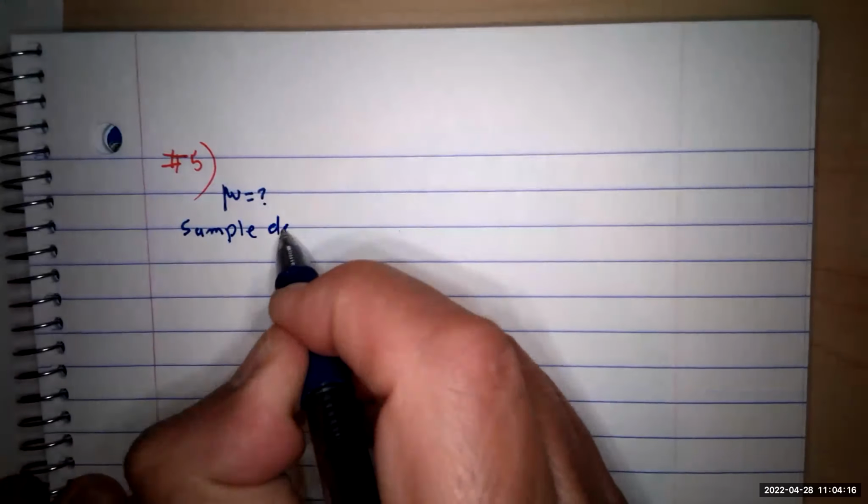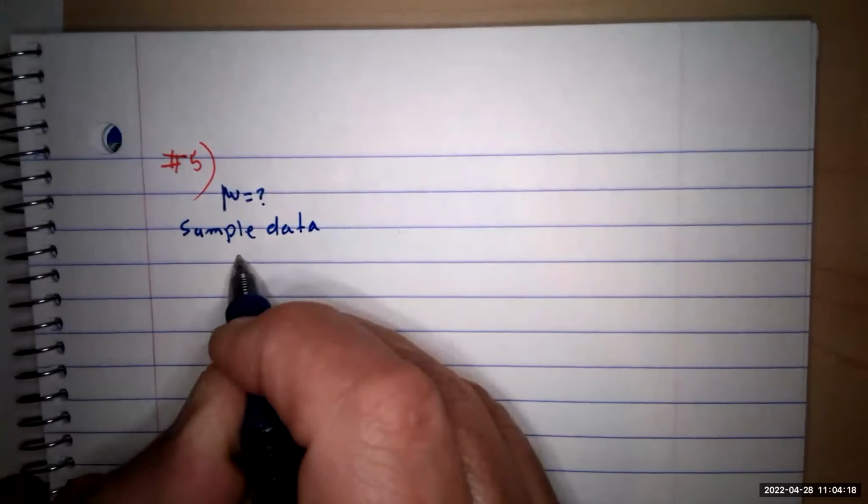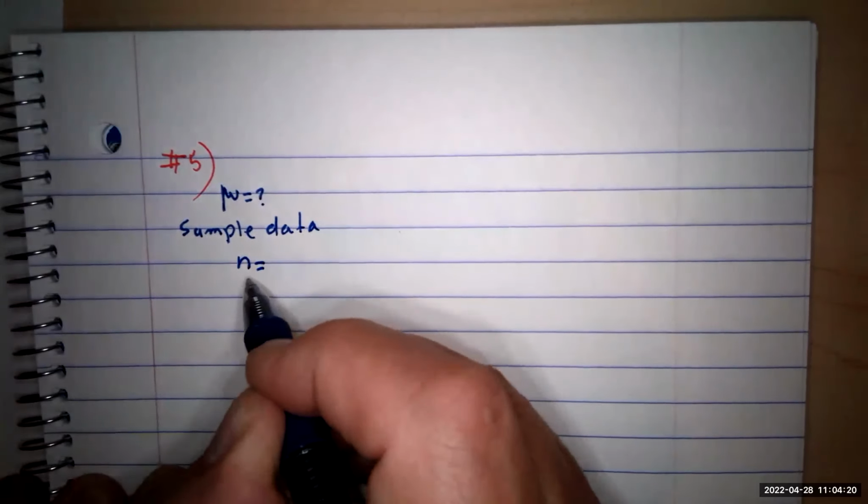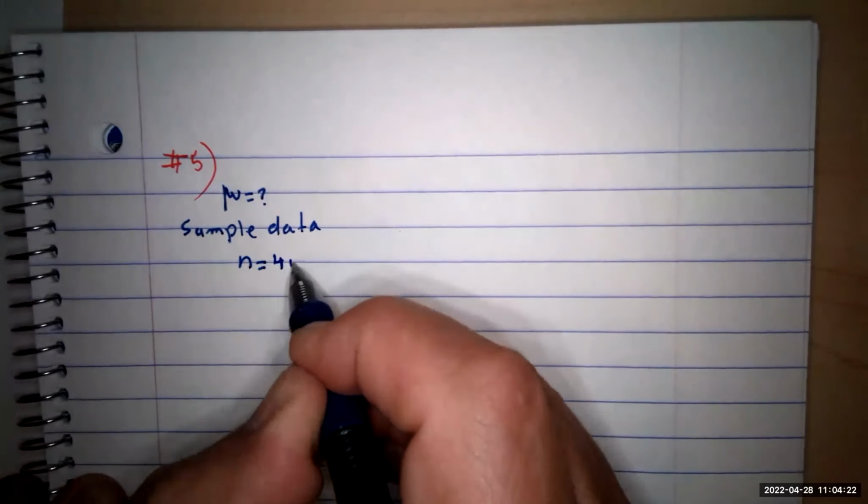So we read the problem, we find out that we are interested in a confidence interval for the mean. So we have to bring the information. The information is going to be your sample information, sample data. The sample data starts with the sample size. We consider 40 professors.